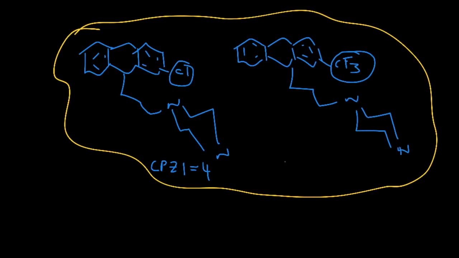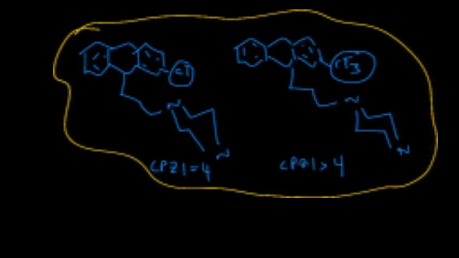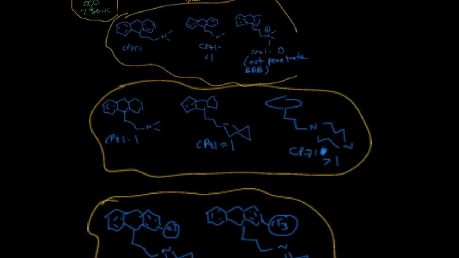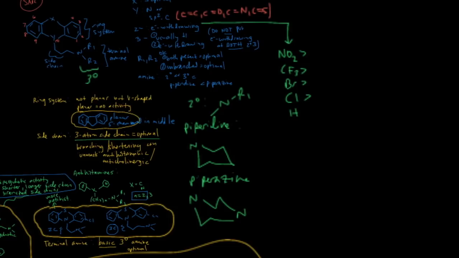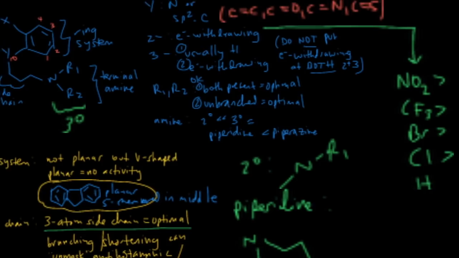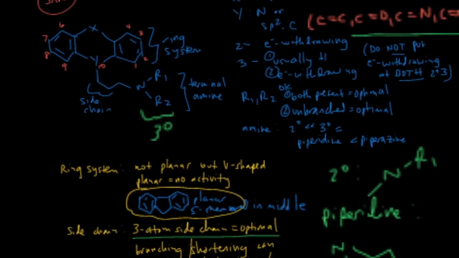Greater than 4. Why? Remember, I said earlier that at this 2 position, you need an electron withdrawing group to make them potent.